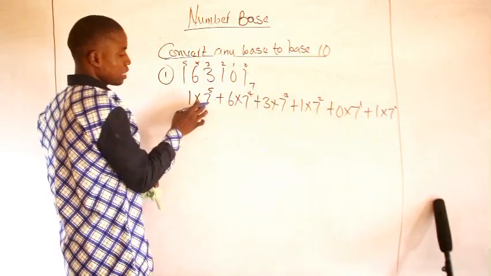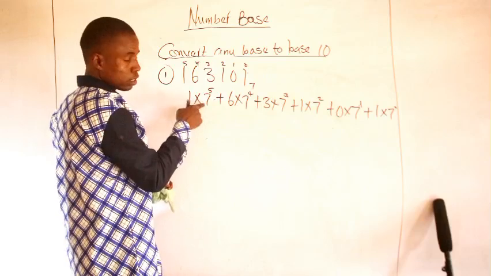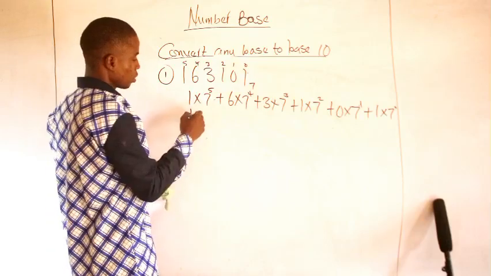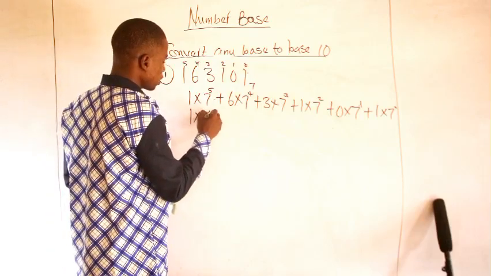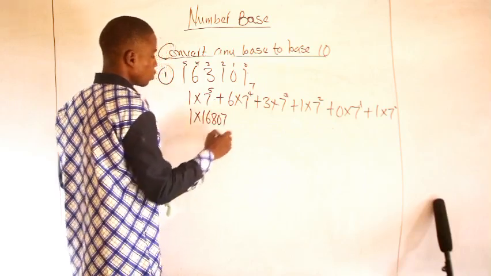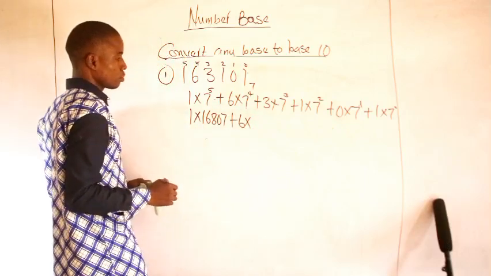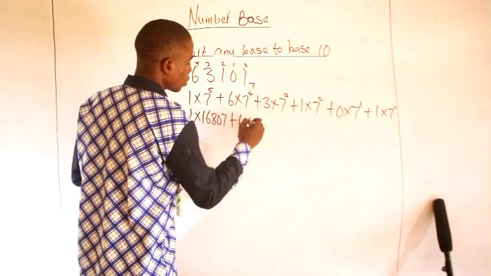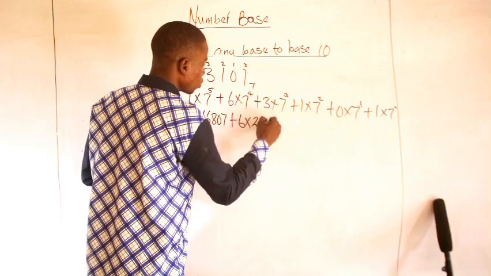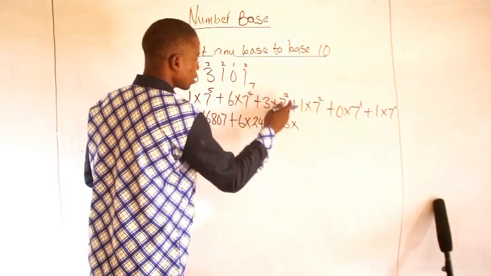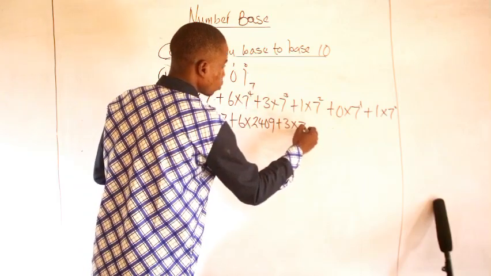Now, what is the answer of this? This, 16807 plus what is about this one? 6 times 2401, 2409 plus 3 times 7.